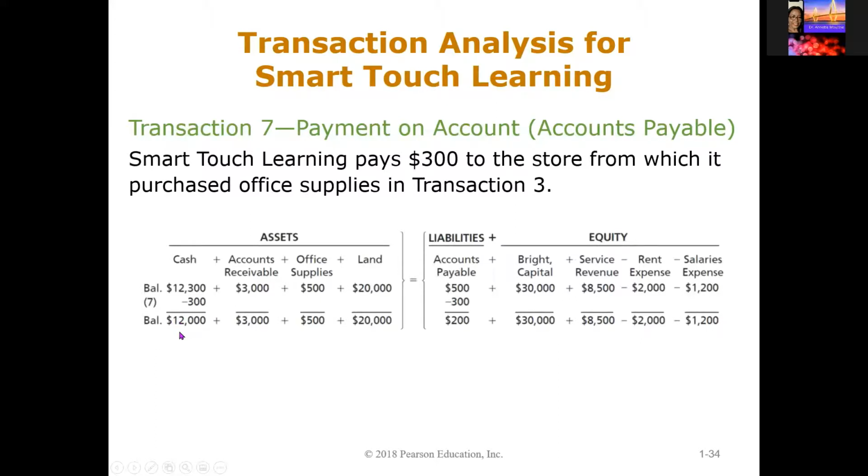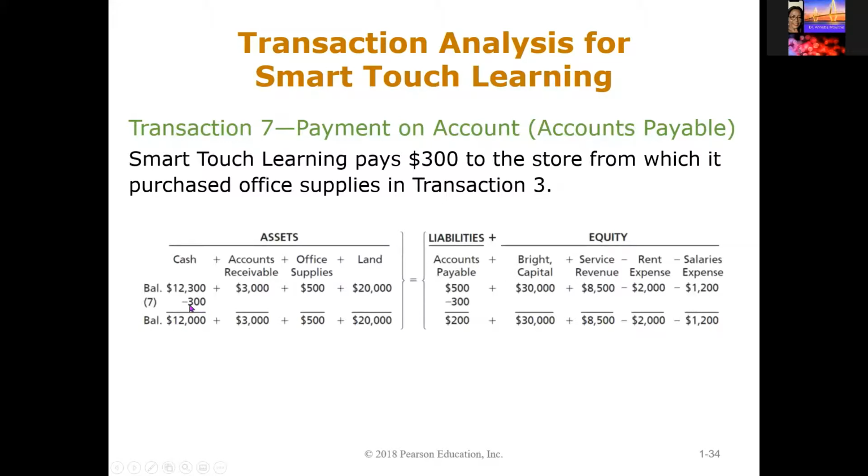Okay? So again, you have your assets: cash, accounts receivable, office supplies, and land. This is where you see the $300 that was paid on the account, which brought your cash balance to $12,000.